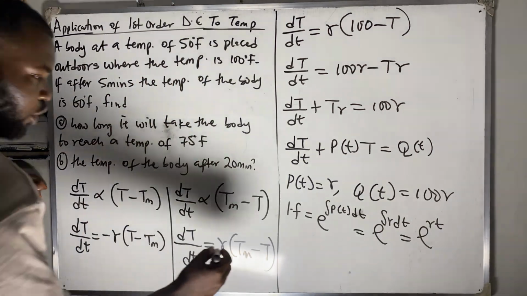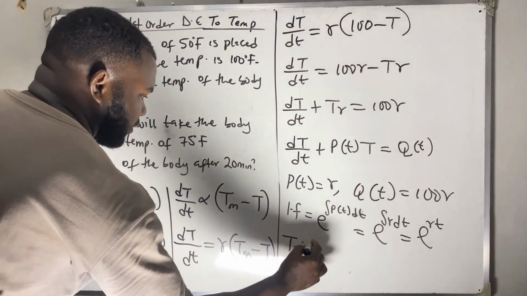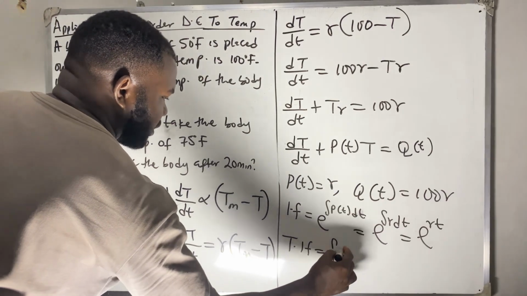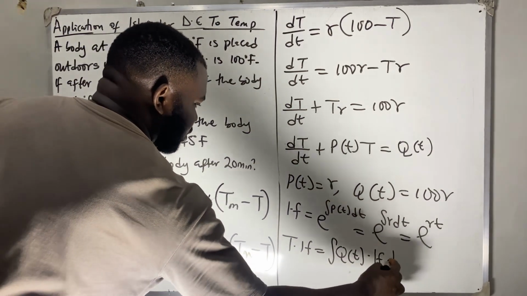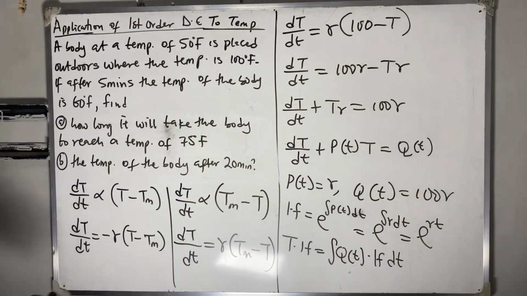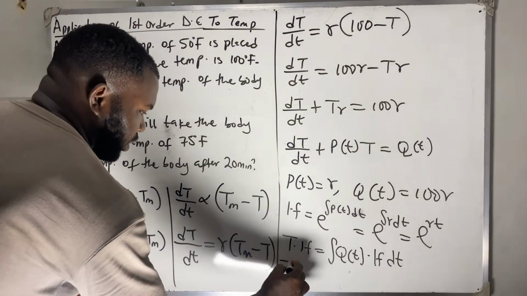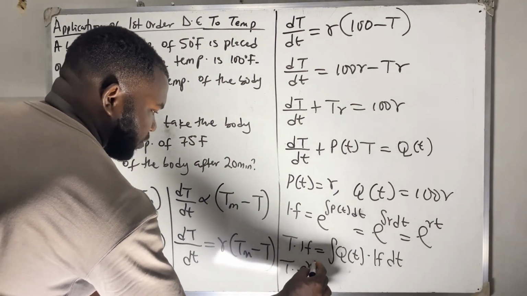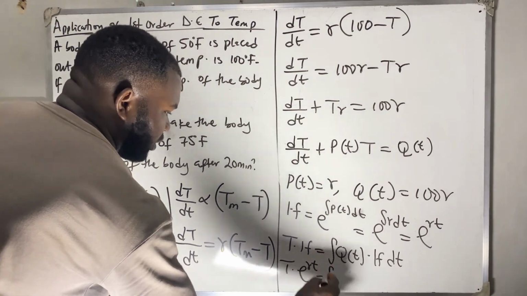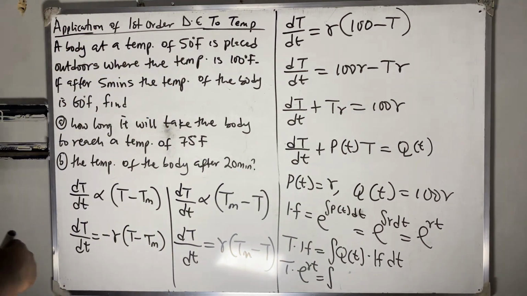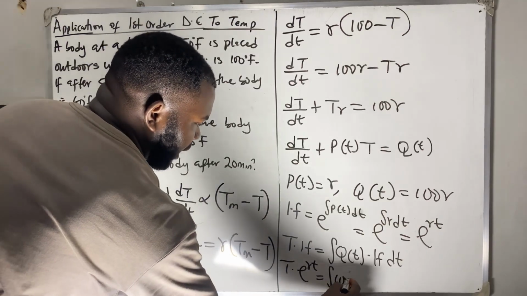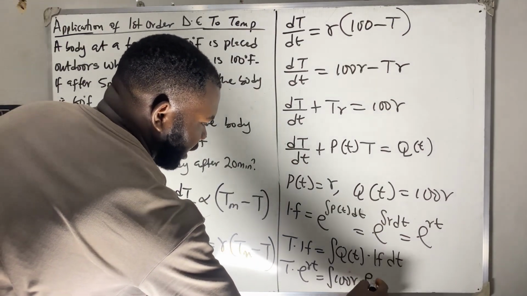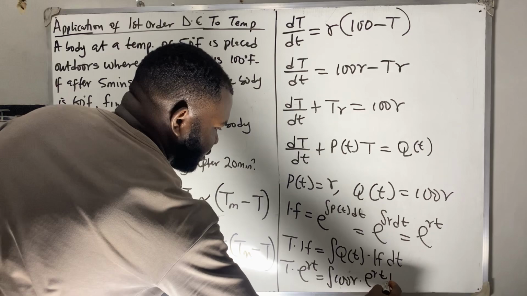Then the solution becomes T times the integrating factor is equal to the integral of Q of t times the integrating factor dt. So T multiplied by exponential rt is equal to the integral of 100r multiplied by the same exponential rt dt.